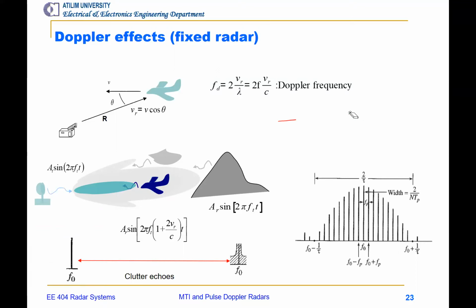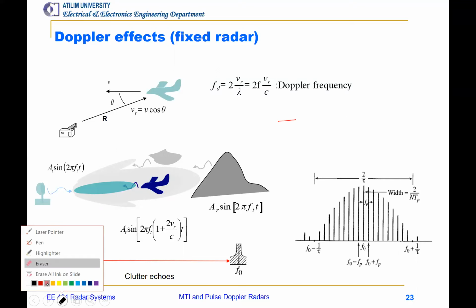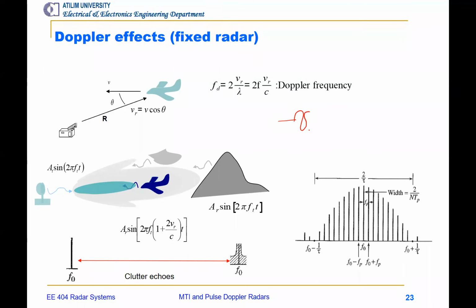Okay, sinusoid, on and off. So here is our tau, the pulse width, and here is the PRI. So let's say T_P, which is 1 over f_P.